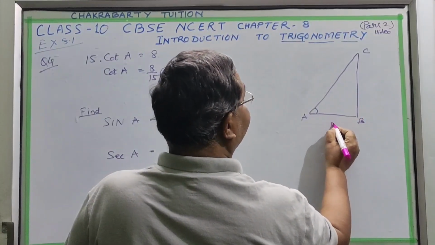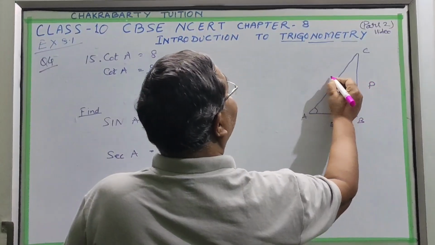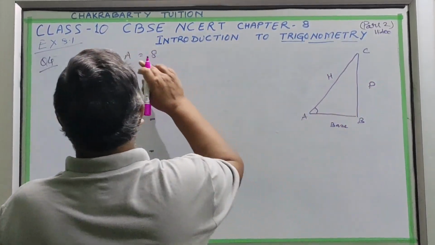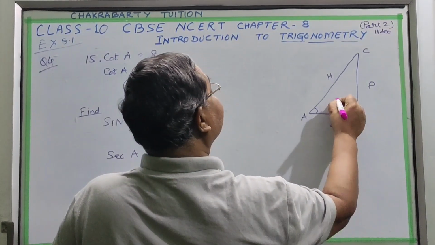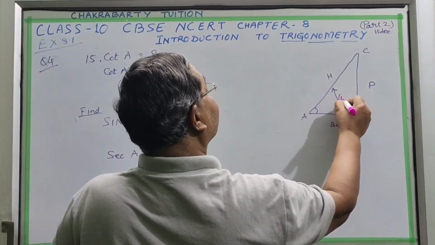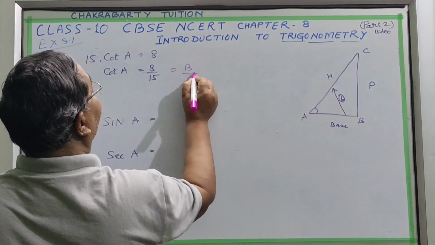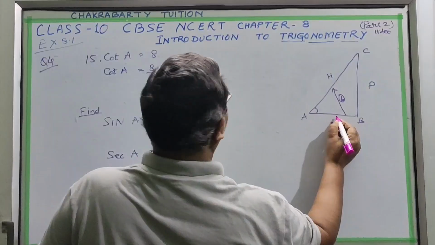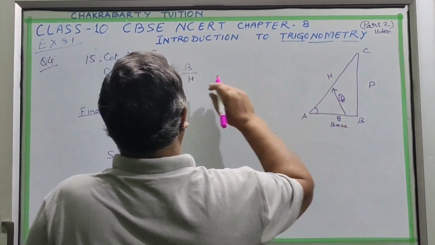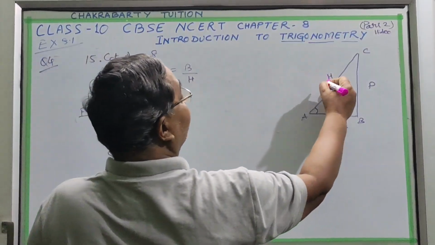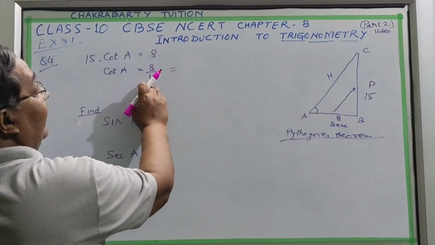A is here, so base will be here, perpendicular here, and hypotenuse here. Cot is the opposite of tangent, meaning the 6th relationship, which was base upon perpendicular. So cot A is 8 upon 15.